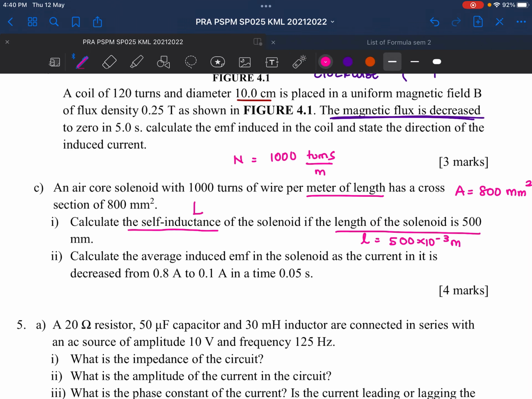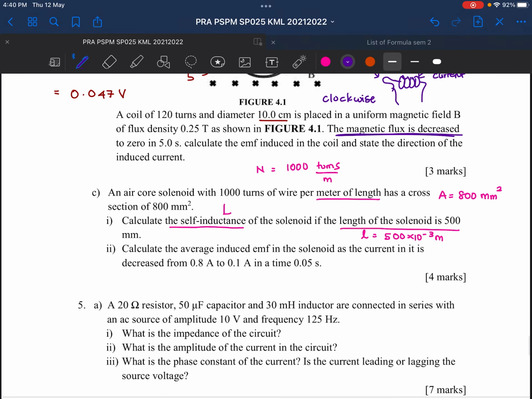Okay. So, I am going to use that formula. L is equal to mu naught n square A over L. Mu naught is 4 pi constant.